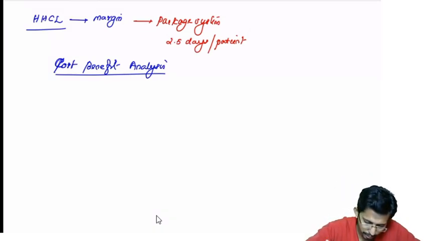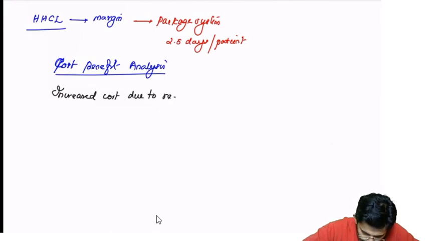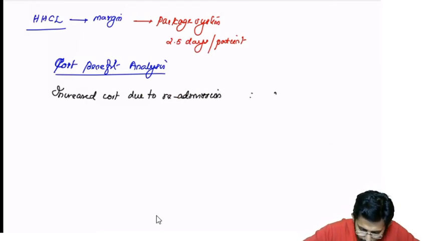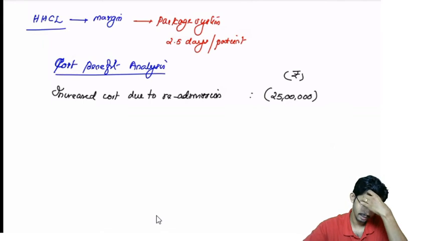So you can write increased cost due to readmission. It is 25 lakhs. Since it is a cost, I am putting it as negative.